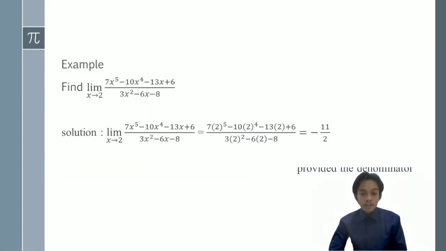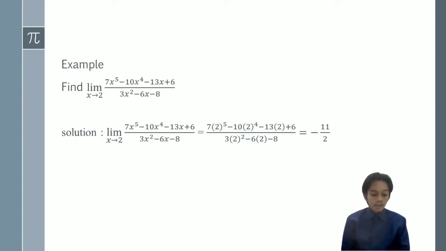Okay, let's see the example. Find the limit of 7x to the power of 5 minus 10x to the power of 4 minus 13x plus 6, all over 3x squared minus 6x minus x, as x approaches 2.